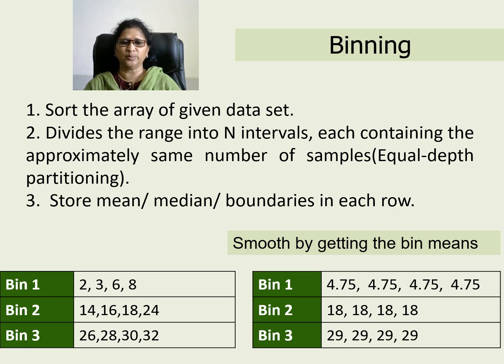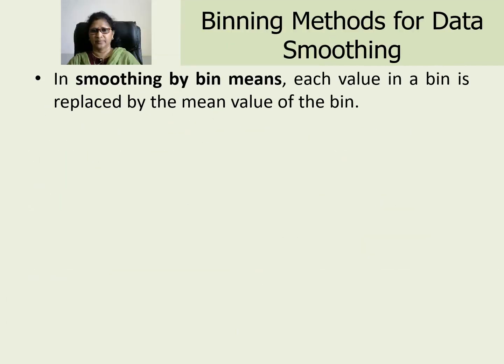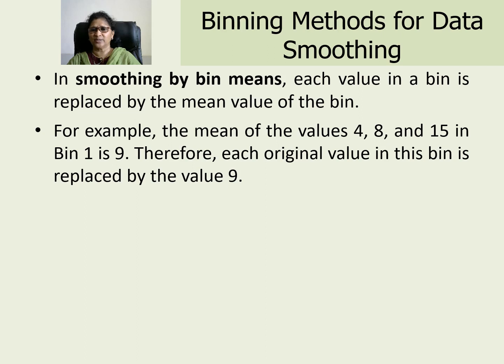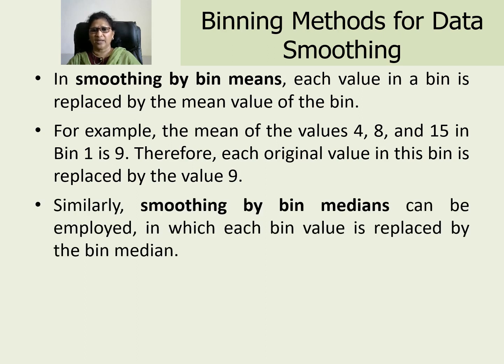Noisy data is smoothed. Here there was much variation: 2, 3, 6, 8. 2 was comparatively much smaller as compared to 8. So we consider that this is noise, and we smooth it by replacing with a mean. So binning is also termed as data smoothing, where all values in a bin are replaced with the mean.